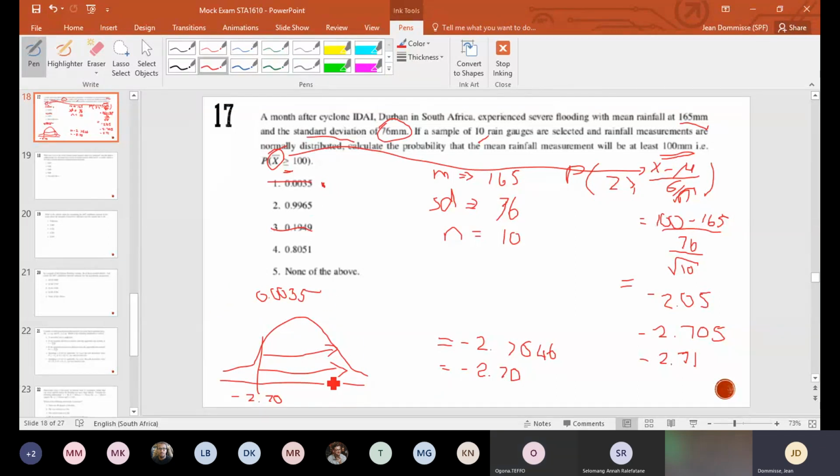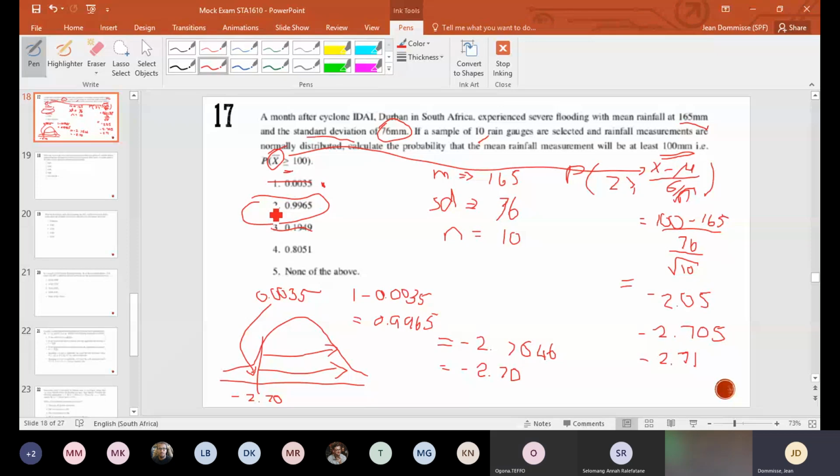But I'm looking at the bigger area, and that is just that portion. So to get the bigger area, I need to say 1 minus 0.0035, which is then 0.9965. Okay, which is option 2.